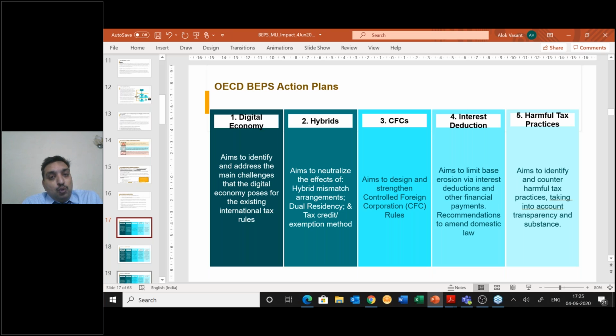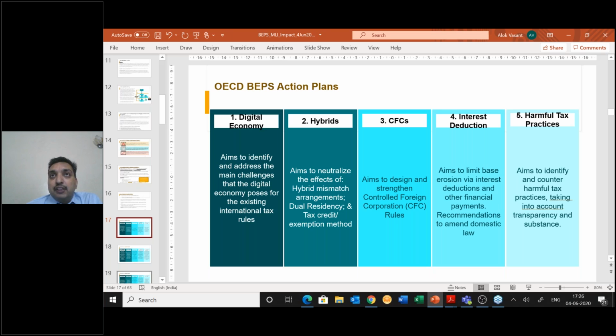Action plan two aims to neutralize the effects of hybrid mismatch, dual residency, and tax credit. So you could have situations where company A invests in company B in another country, and while the return on that investment in one country is treated as interest, in the other country it is treated as dividend.